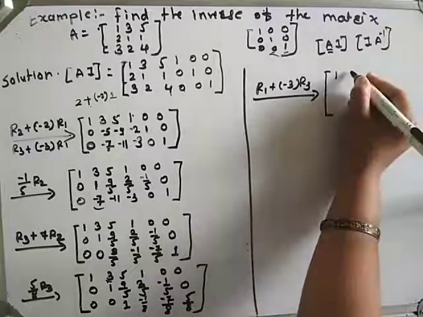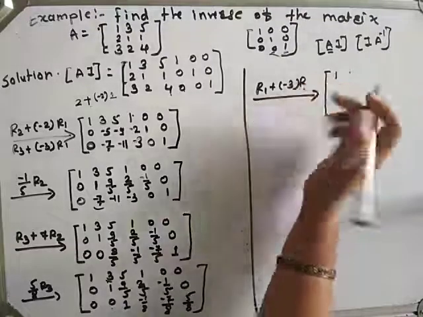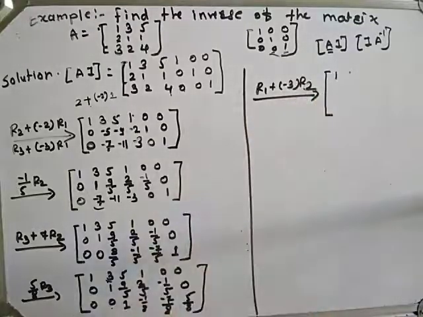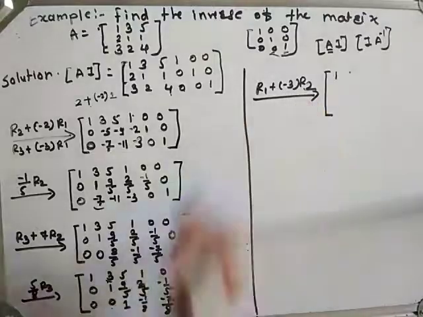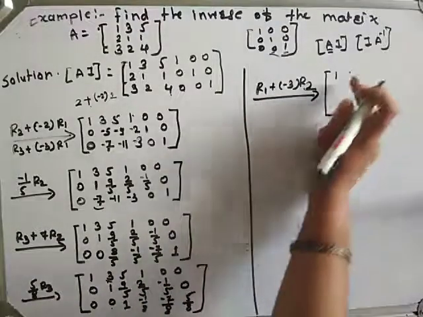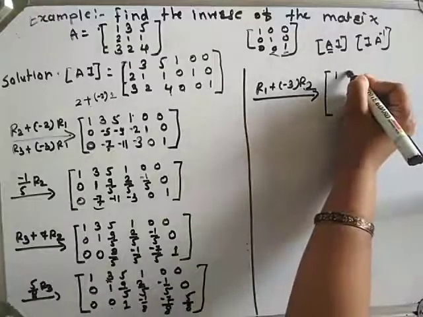Second entry: what we have to do? Sorry, here it is R2. R1 plus minus 3 into R2. Obviously, R1 is 1 plus 0 is 1. Next, 3 minus 3 is 0.